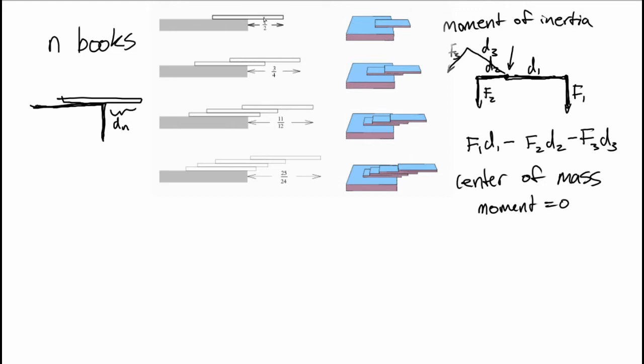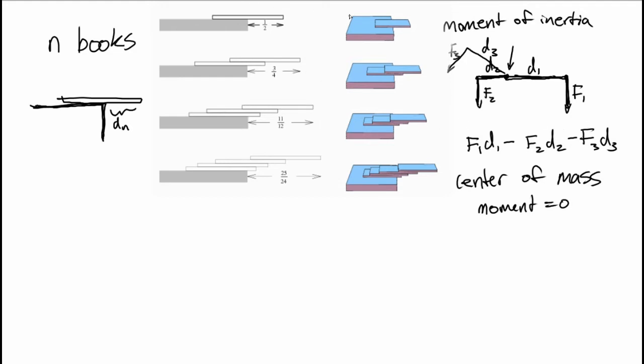If the center of mass is over here on the table, that means the entire mass of books is centered at this point, and it's just going to fall over. If the center of mass is over here, it's not ideal, because we can shift all the books to the right a little bit and increase the distance. So the center of mass should be on the edge of the table, right there. That's the ideal scenario.